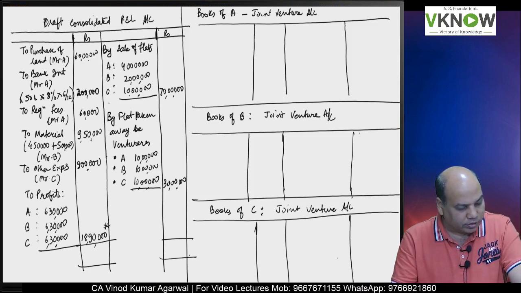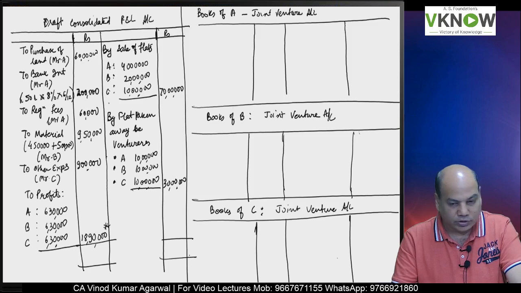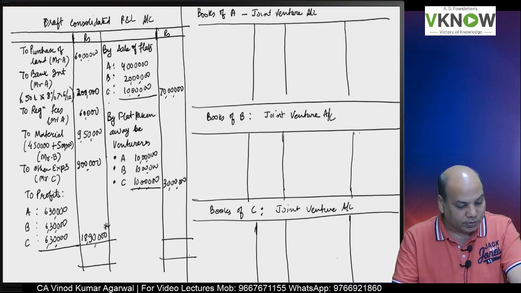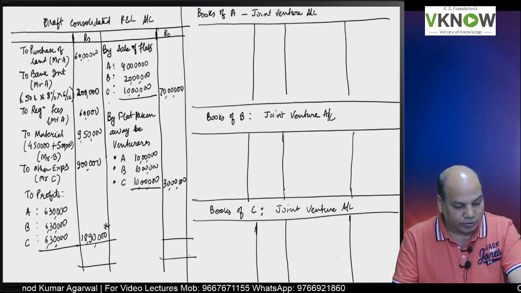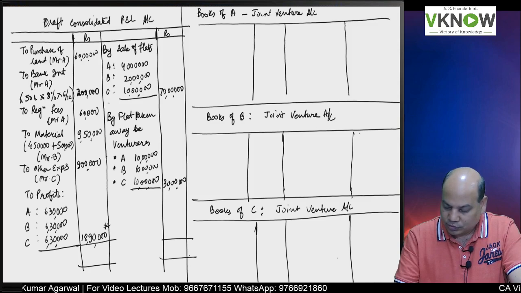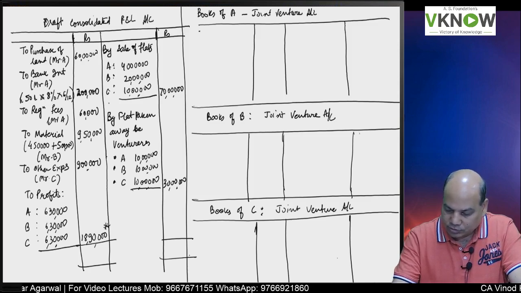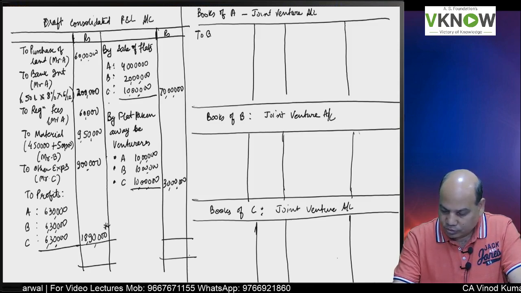It says Mr. A purchased a land for 60 lakh on 1.1.20x1, and for the purpose he took a bank loan for rupees 60 lakh. So he will write in the books of A, to bank loan.